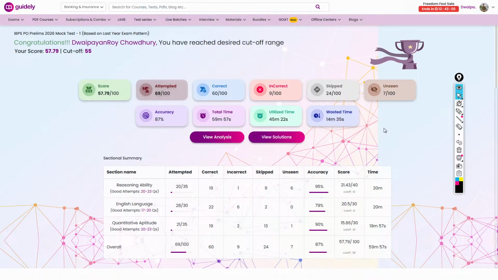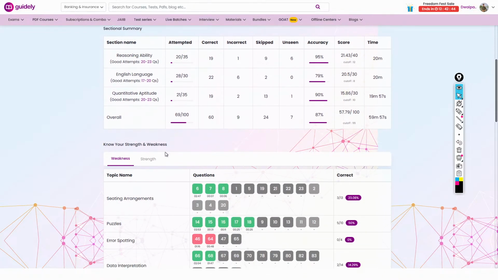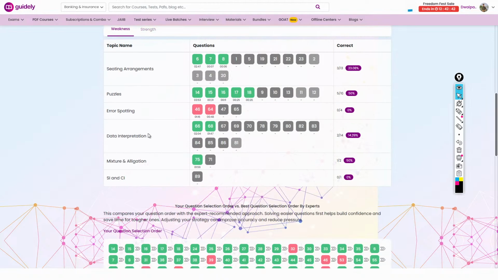Okay. So again, that first reasoning took a great deal of time. That first reasoning. I skipped many of the sitting arrangements, many of the puzzles.